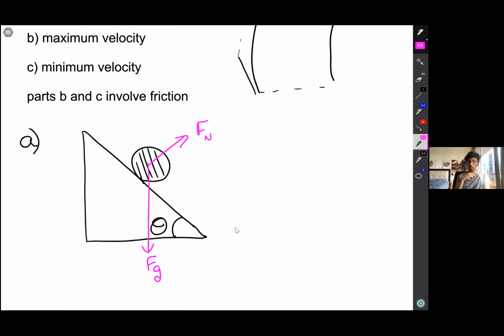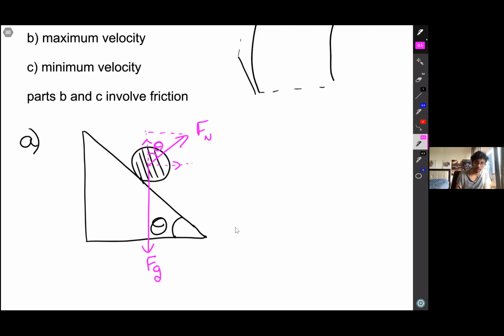So let us resolve not Fg, but Fn instead. Why? You'll see after we resolve Fn into its components, one acting upwards and one acting horizontally. This angle here is theta, and this angle is the same.